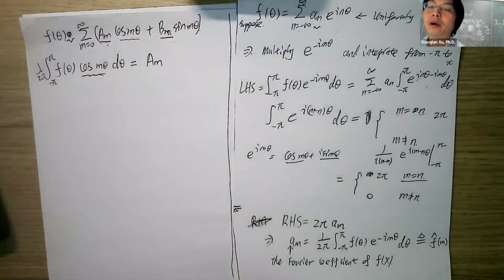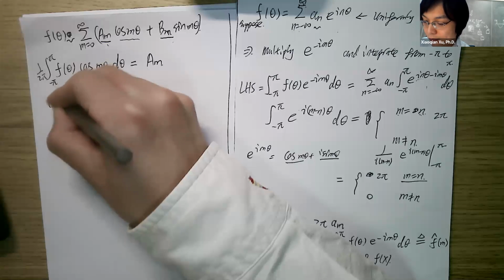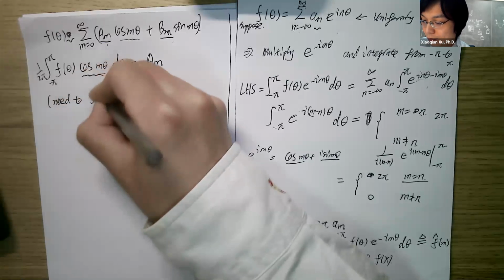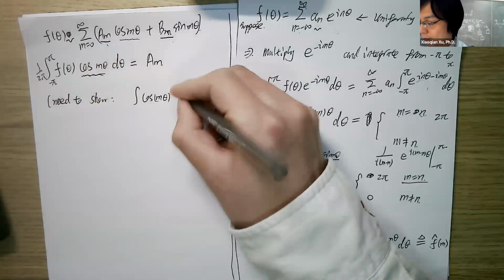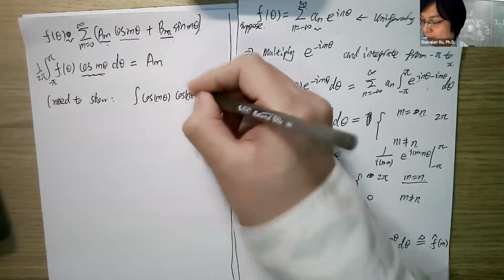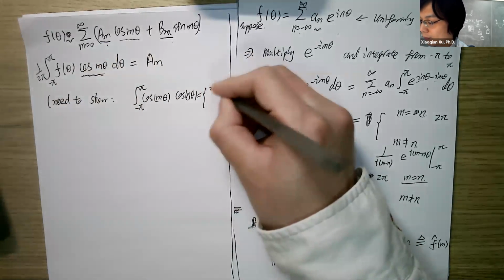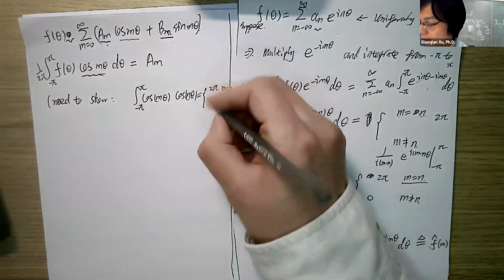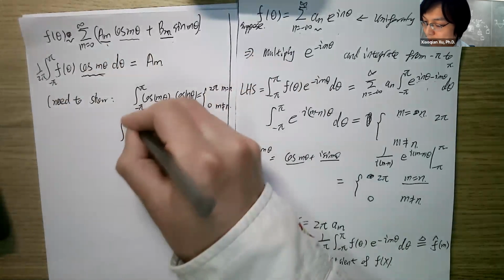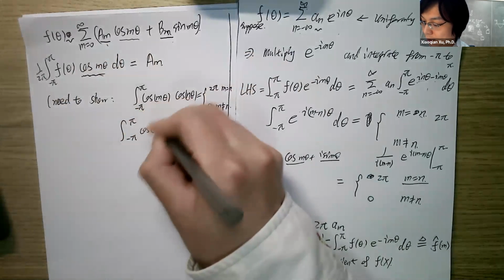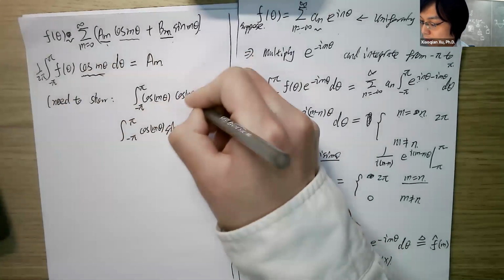You take the integral, it will always give you 0. Okay, and the integral from minus pi to pi of cosine m theta times sine n theta is always equal to 0.